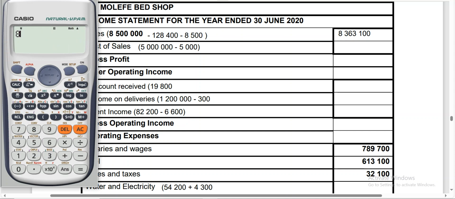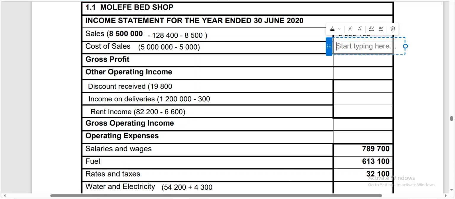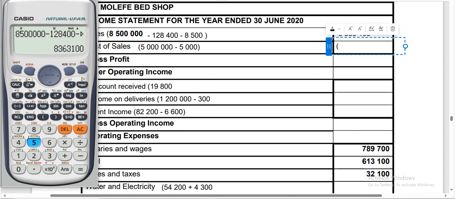I would like to verify. 8,500,000, then we say minus 128,400, and then we also subtract 8,500. Our answer is 8,363,100. And then our cost of sales is 5 million.